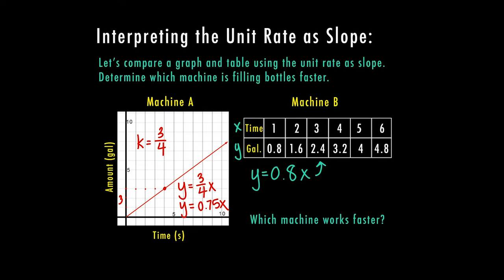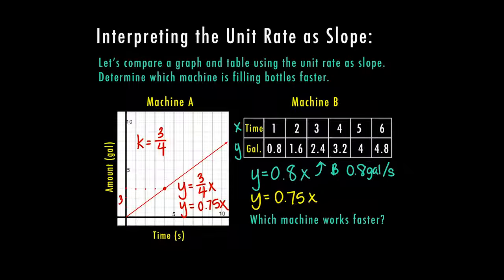Now, we want to know in this case if machine B is 0.8x and machine A is y equals 0.75x, then how do I find which machine works faster? Well, if I plug in a 1, so I can say that machine B is filling up 0.8 gallons per second.